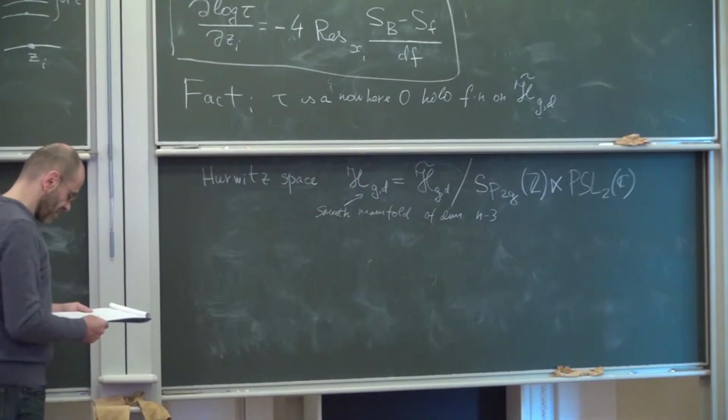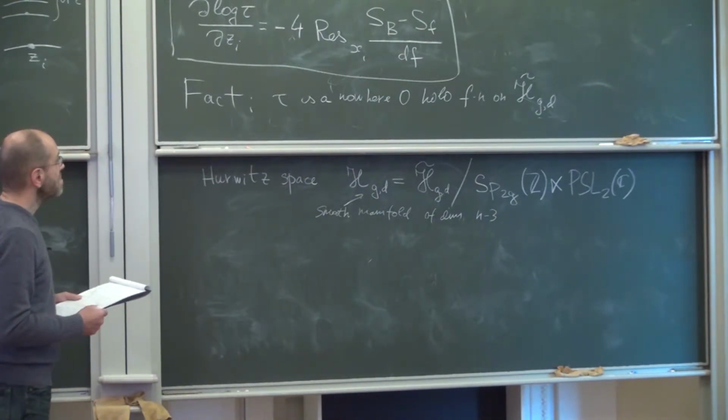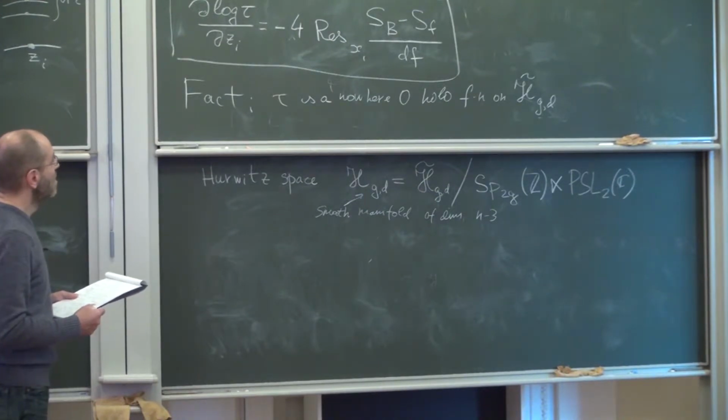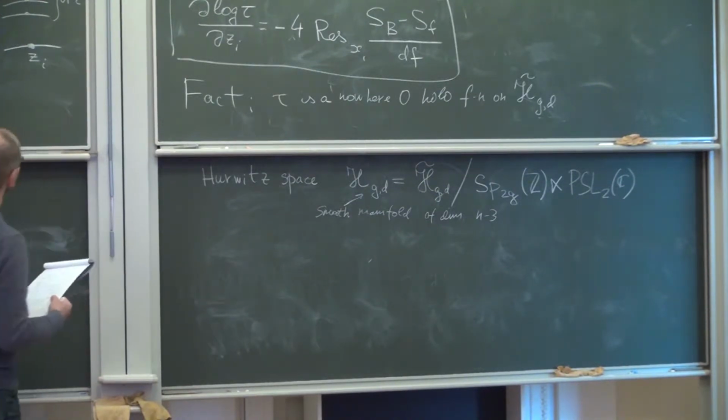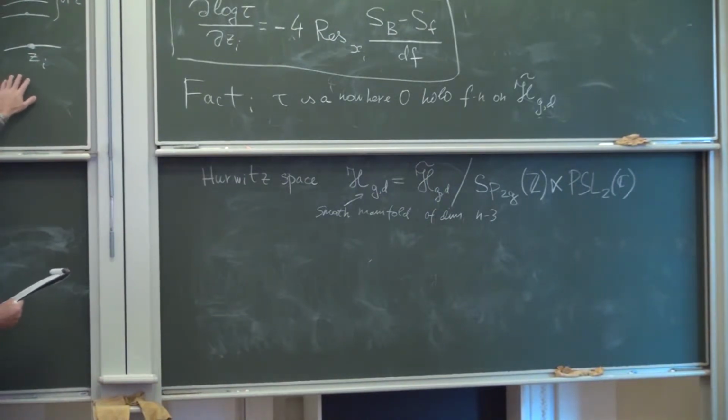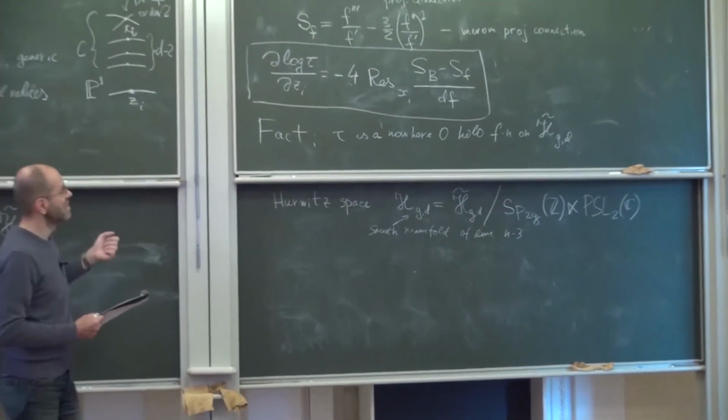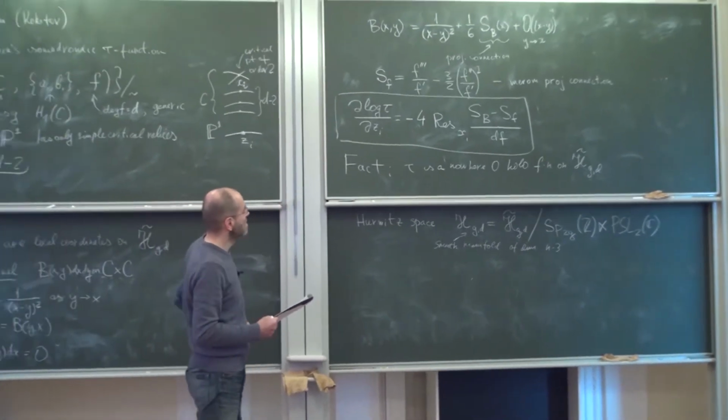Okay, so is there a derivative with respect to zi or xi? zi, xi are points on C, on the curve, and zi's are just complex numbers. Yeah, zi's live on the projective line, so these are just complex numbers, and xi's are points, and we take residues at points.